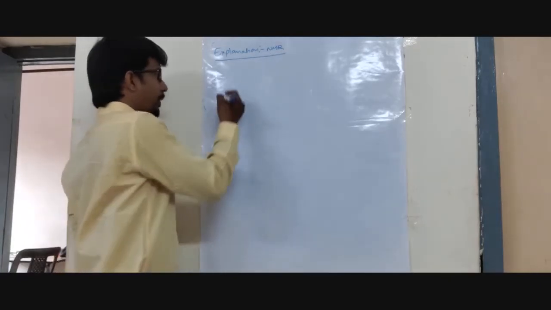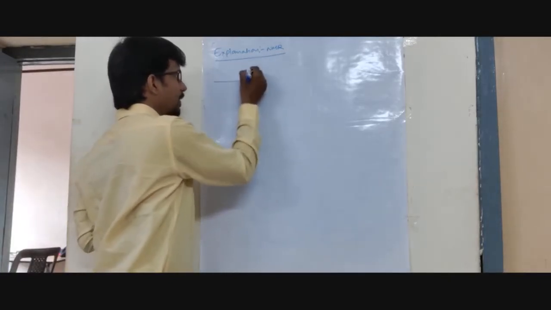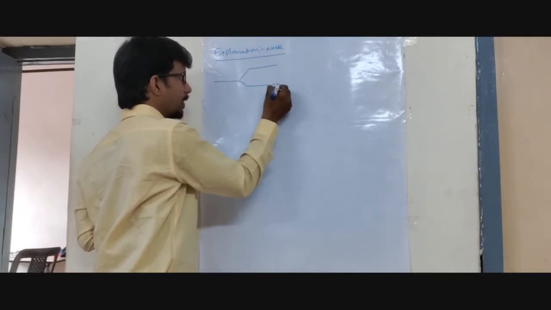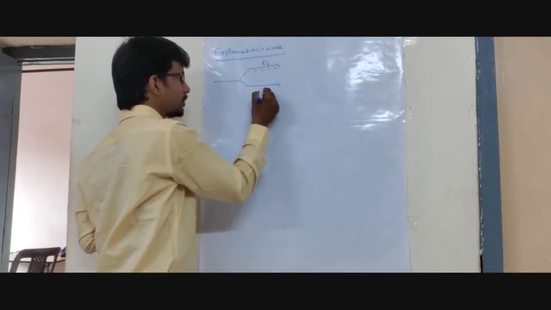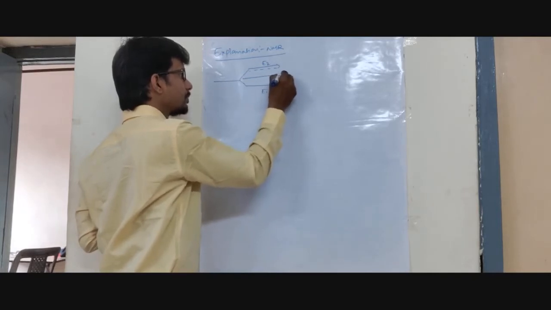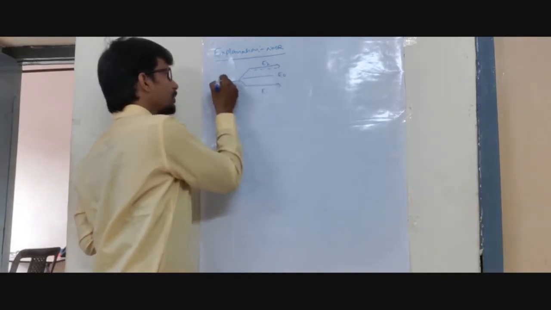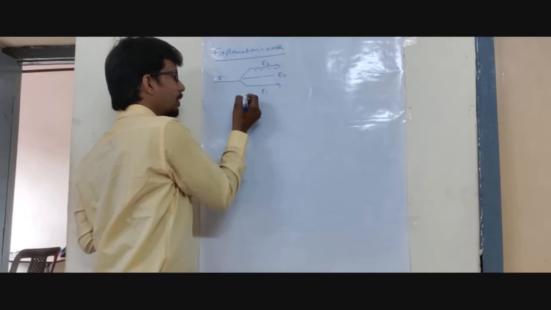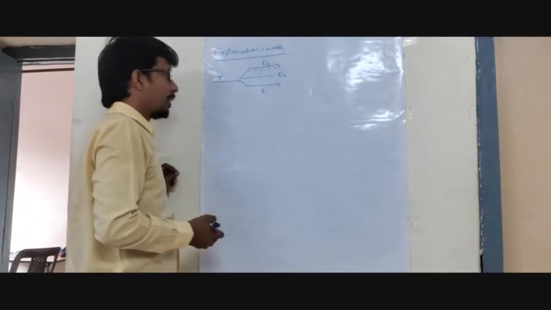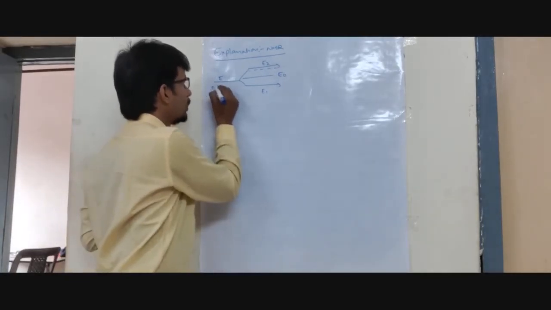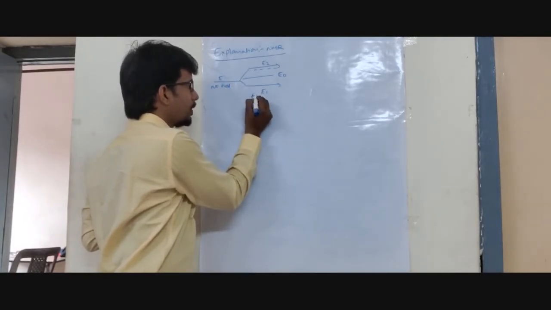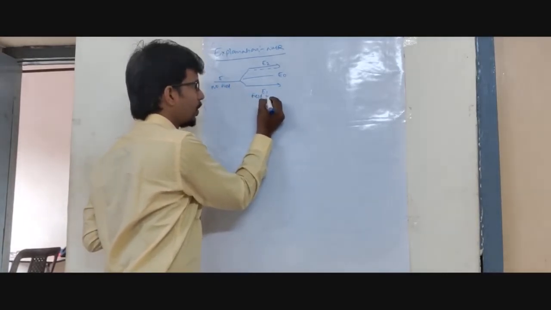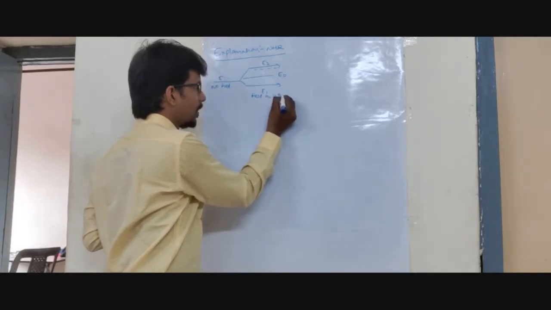So what happened here? It is divided into two energy levels. Like that, we have no field applied, and then field H naught is there.